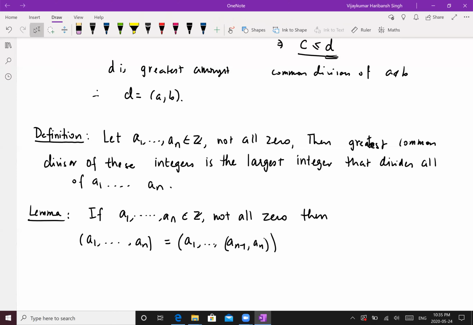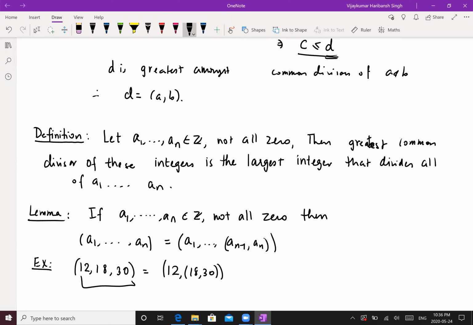Before I go into the proof of this lemma, an example. Suppose I want to compute GCD of 12, 18, and 30. This is going to be the same as GCD of 12 and GCD of 18 and 30, so now I'm computing GCD of two numbers instead of 3.